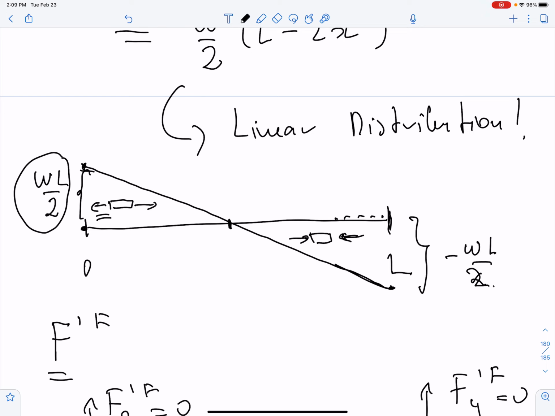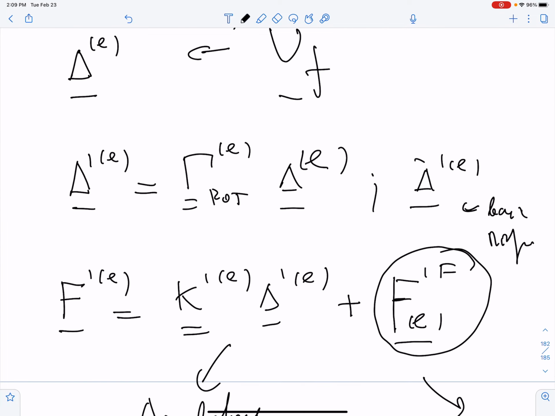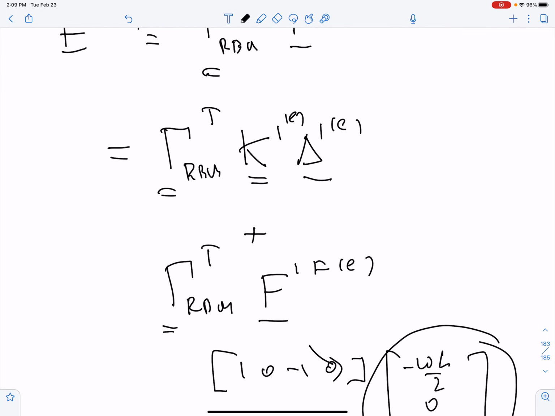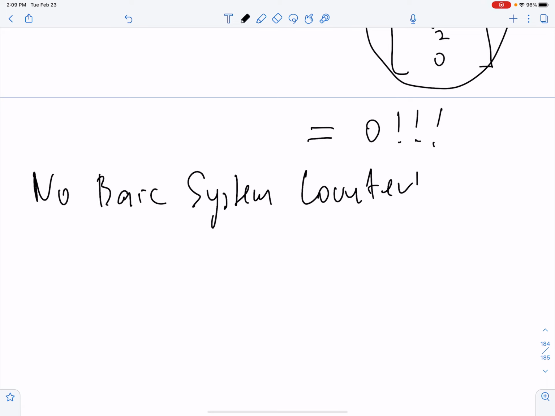Because on average it is 0, it doesn't get picked up in the basic system. So basically you get no basic system counterpart for F prime F that is meaningful in any way.